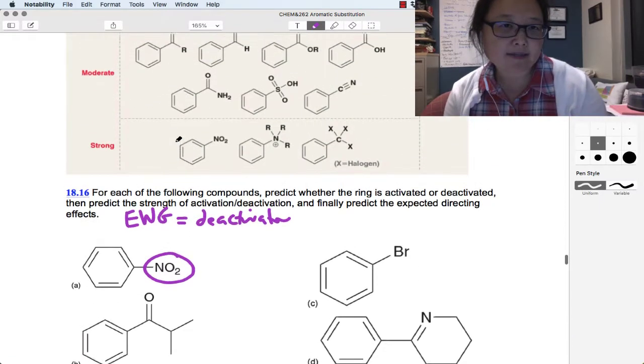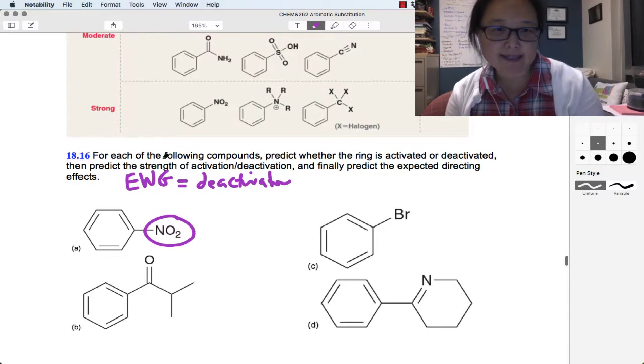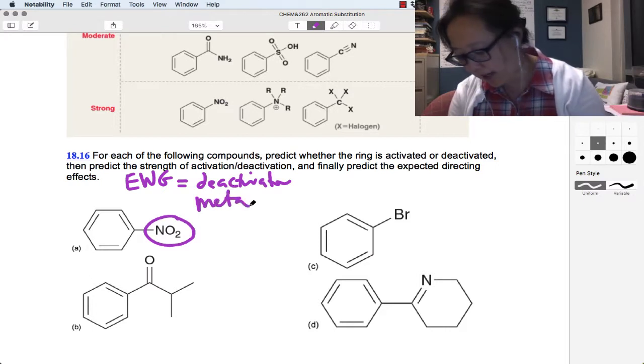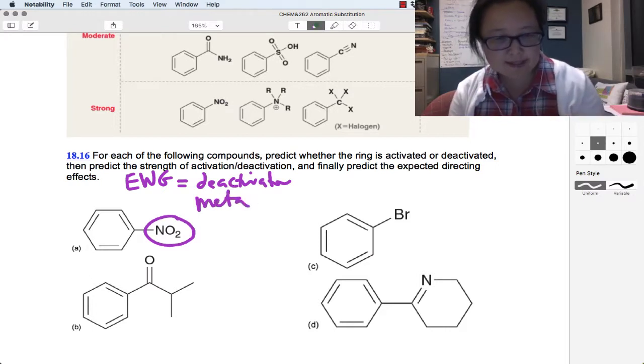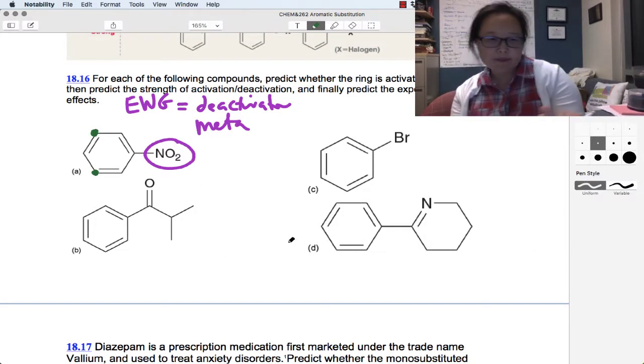Well, as a deactivator, it's usually going to be a meta director, unless it's a halogen. So it's going to be a meta director. If I want to add another group on this ring, let's say I use Br2 in the next step, then I'm going to add it in the meta position here or here. So it's going to be one of those two spots. Okay, so go through and do the same analysis for each of these, and we'll go over them in a few minutes.